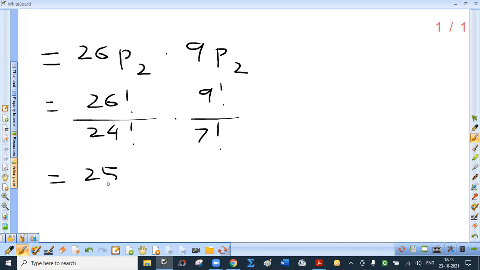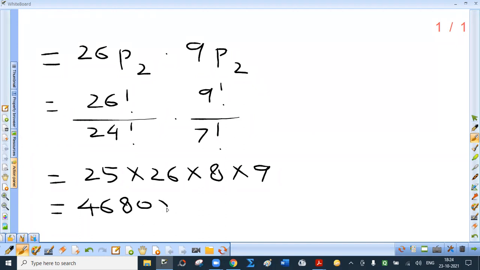So this is basically 25 into 26 into 8 into 9. Tell me the answer. Type your answer in the chat box. Okay, one student has written 46,800. Yes, correct. Please do not use a calculator.